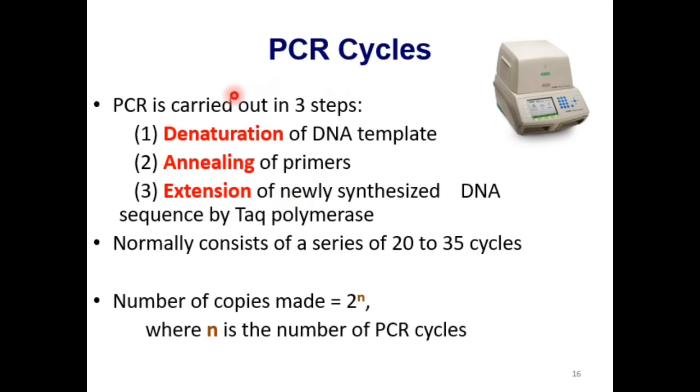Of course, those 3 steps will be repeated over and over again, maybe 20 to 35 cycles. Each cycle consists of those 3 steps. And then finally, you will get multiple copies of that area or that specific DNA target. So the number of copies is 2 to the n, where n is the number of PCR cycles.